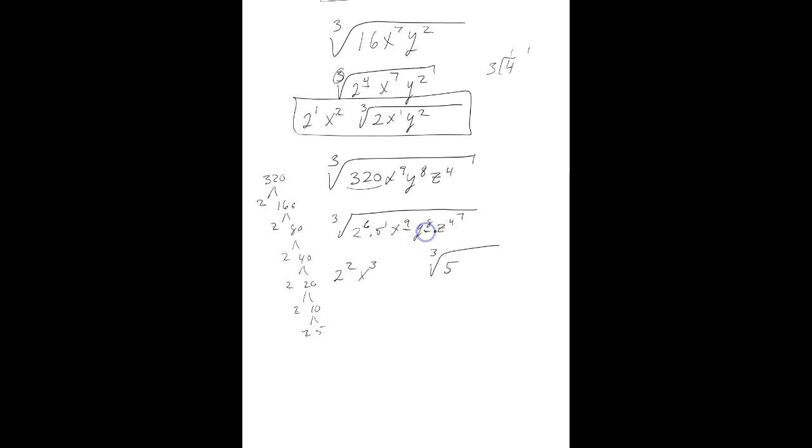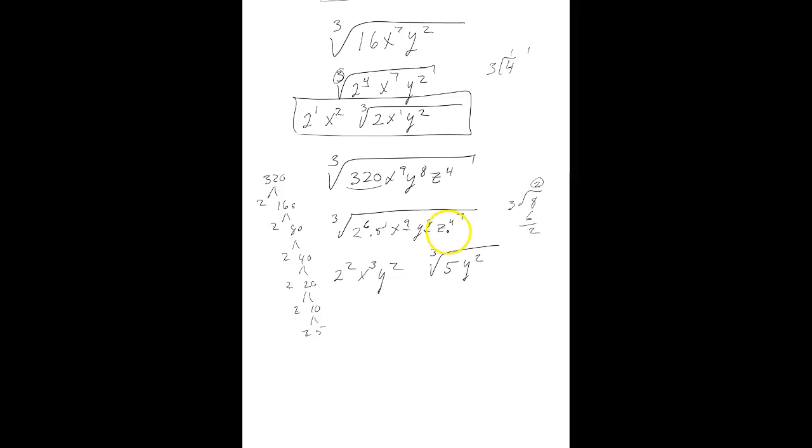3 goes into 8 2 times, which would be 6 with 2 remaining. So we can pull out a y squared, and we have 2 remaining, so y squared underneath there.